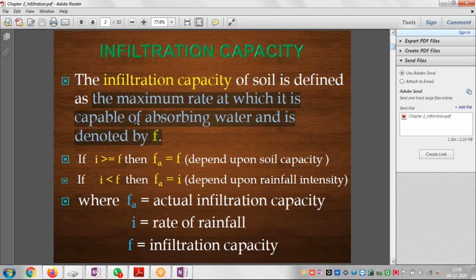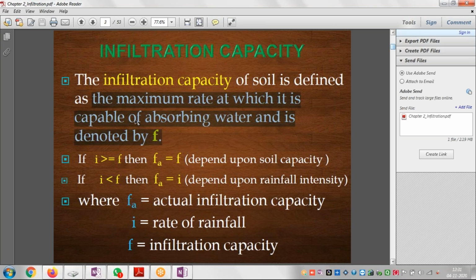So one person can drink one glass in 1 minute, but another person takes two glasses of water in 1 minute. That means the infiltration rate of that person is 2 glasses per minute, right? So that is the maximum. Which one will be the maximum?